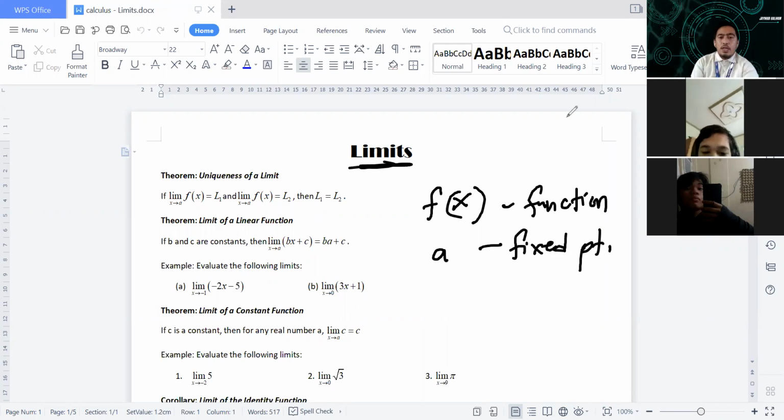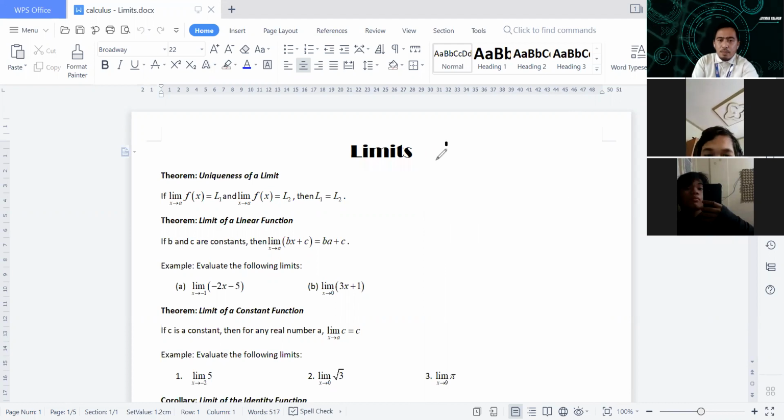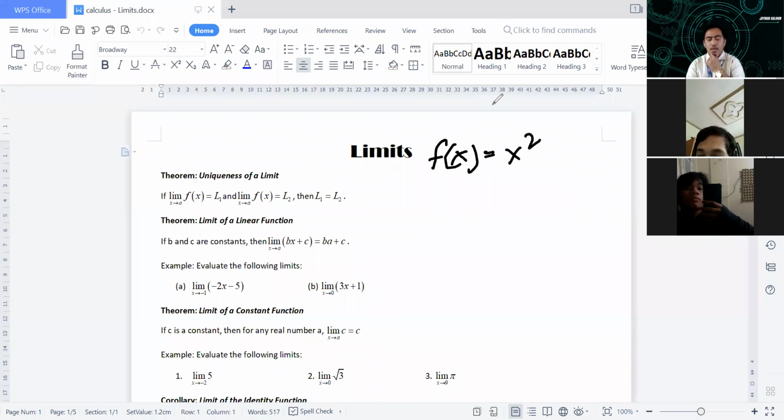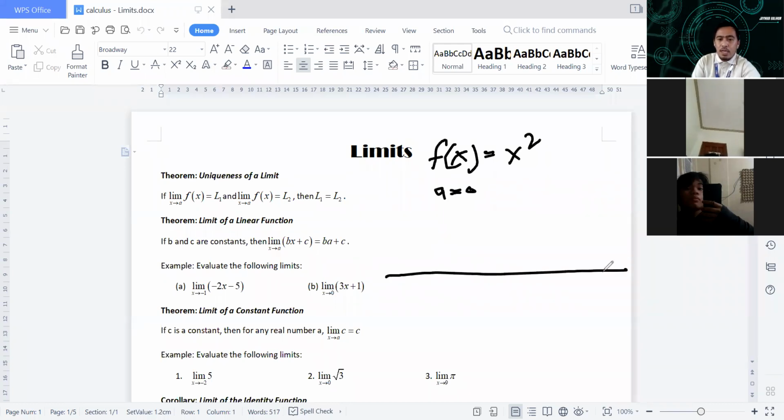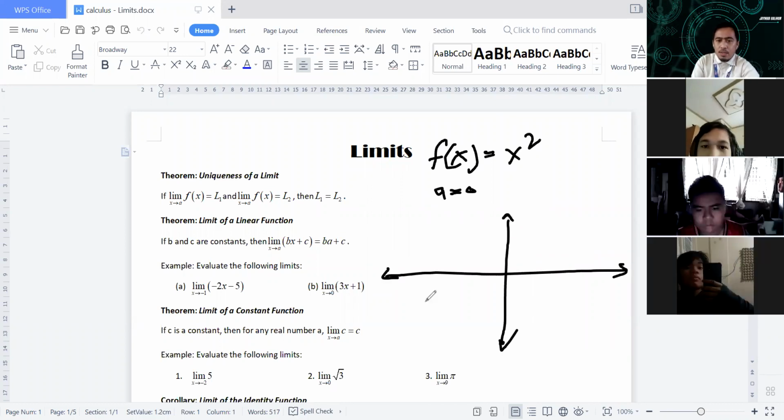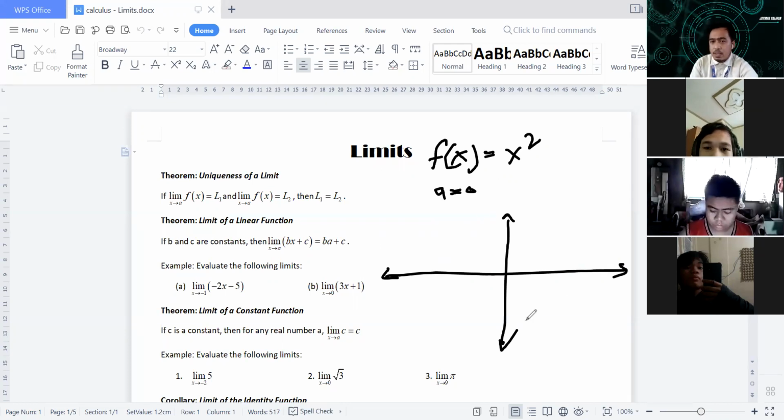Say for example, your function is given by x squared, and your fixed point is, say, 0, your a is 0. That a should be one of the values of your x.